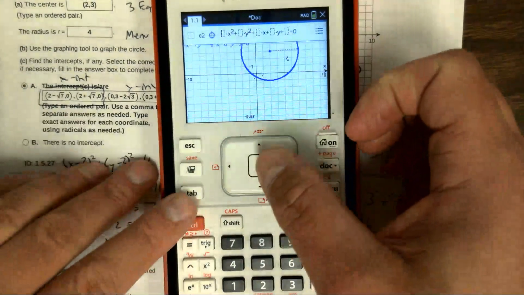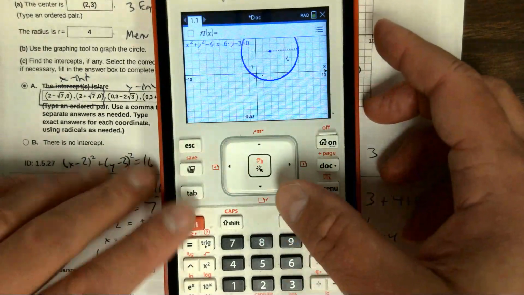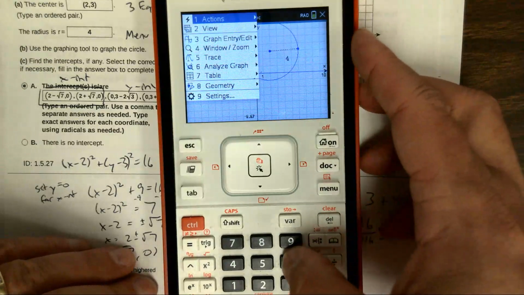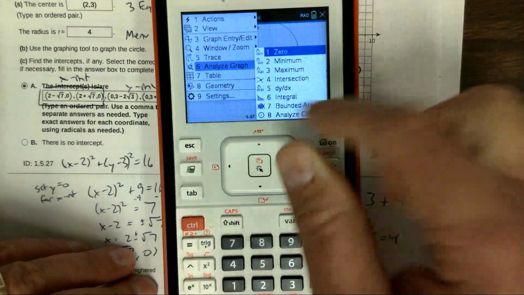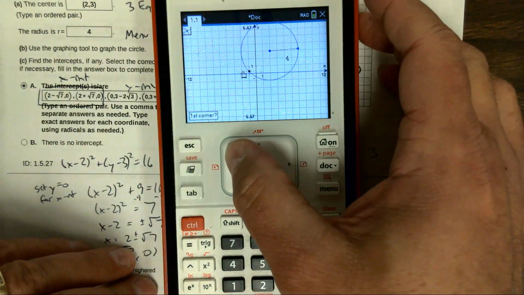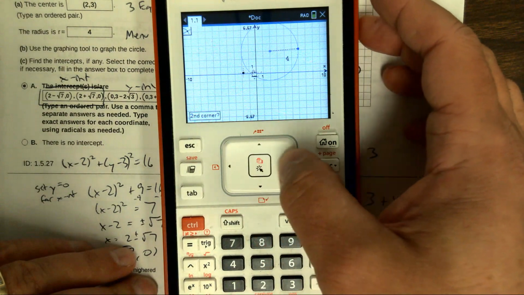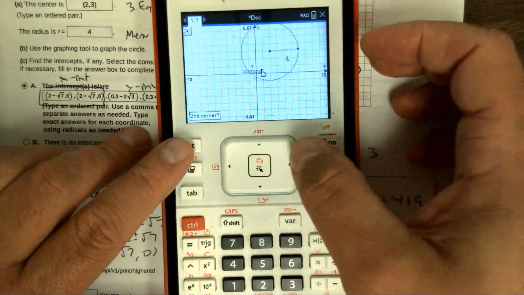But if I had my second one as like just saying 0, and I did the intersection like we normally do, 6 and then 4, this is kind of being difficult.